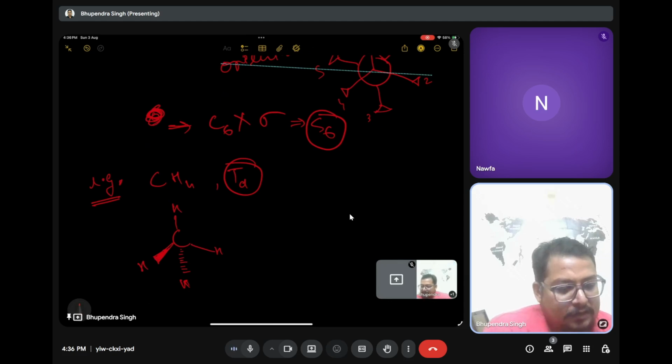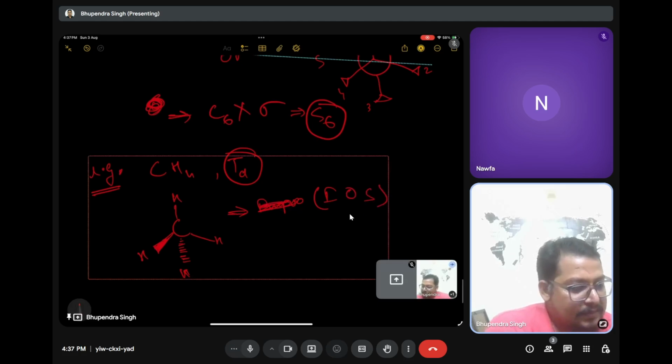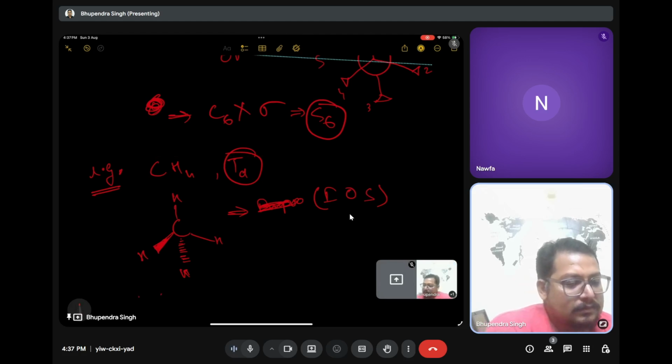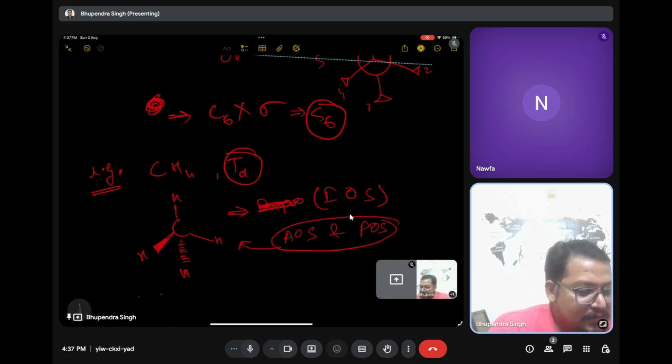Okay, here in the tetrahedral structure, if you try to find the improper axis of symmetry, by our definition it should have an axis of symmetry and a plane of symmetry. Here in this molecule, the improper axis of symmetry present is S4.